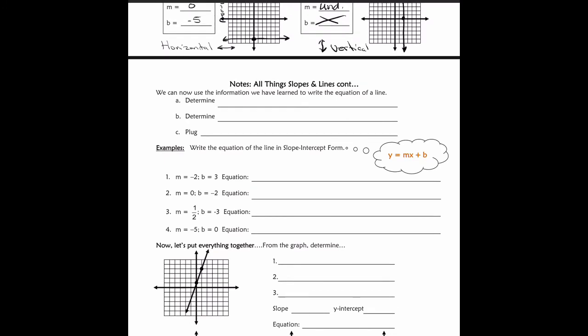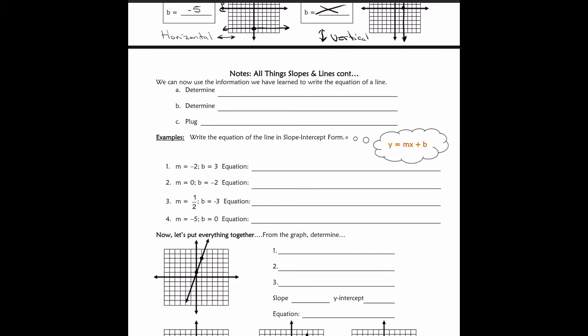The last little bit, we can now use the information we've learned above to write the equation of a line. So step 1, we're going to determine the slope, whether it be from an equation that gives it to us, or we look at the graph and find it.